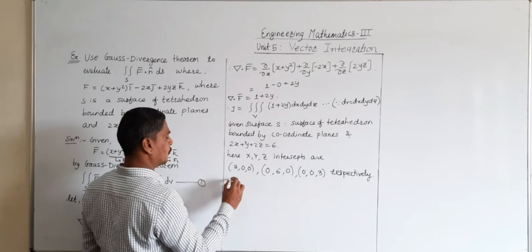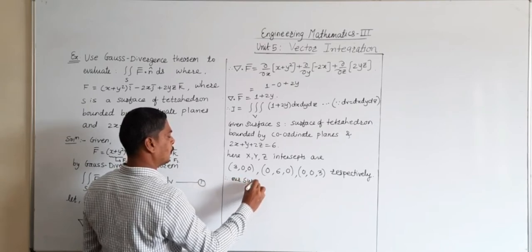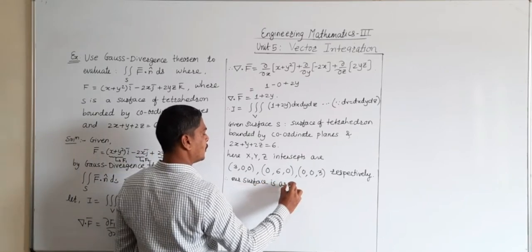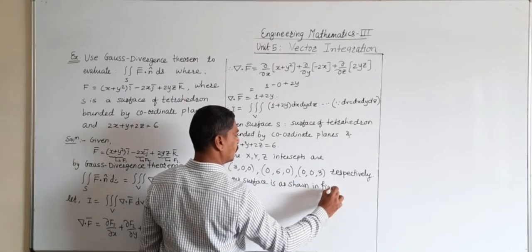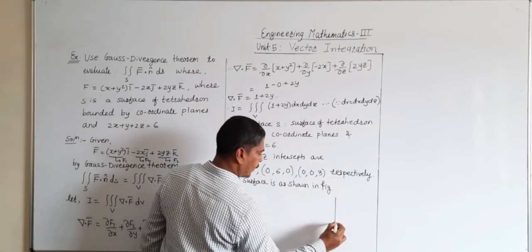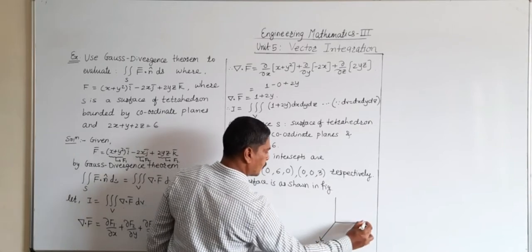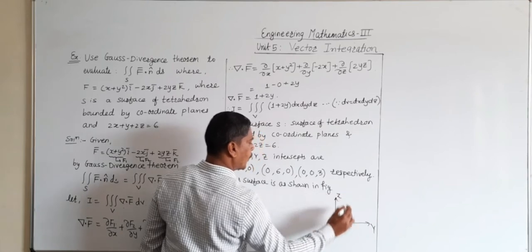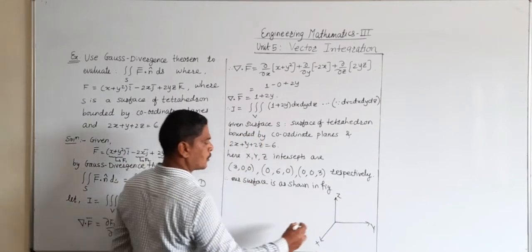Therefore our surface is as shown in the figure. So draw a small diagram of the tetrahedron bounded by the coordinate planes and the plane 2x plus y plus 2z is equal to 6.